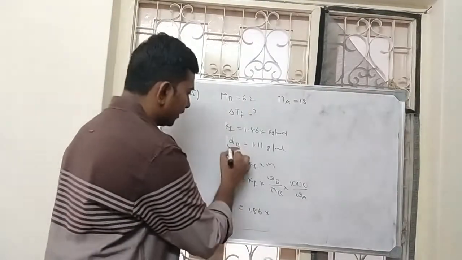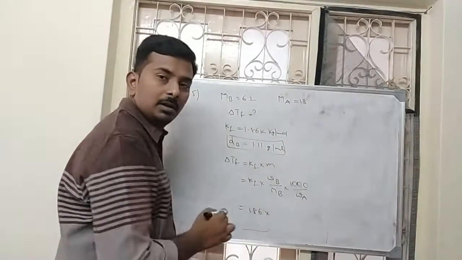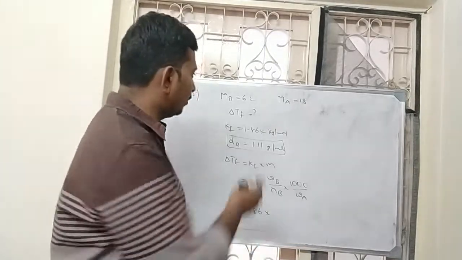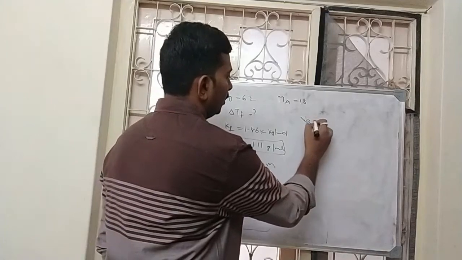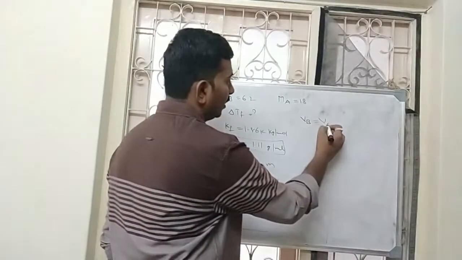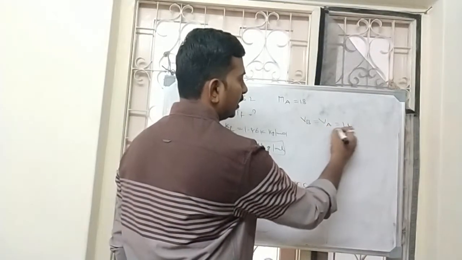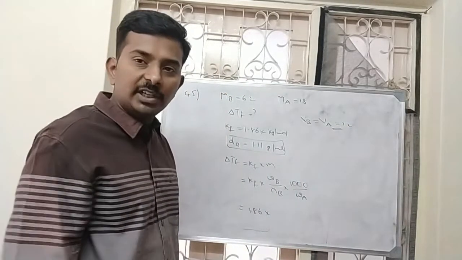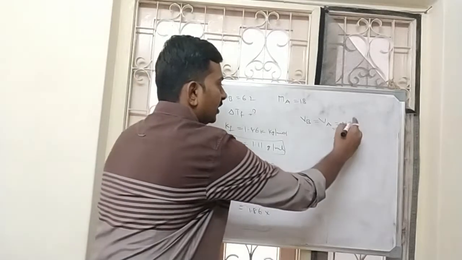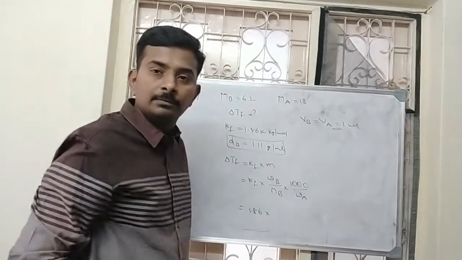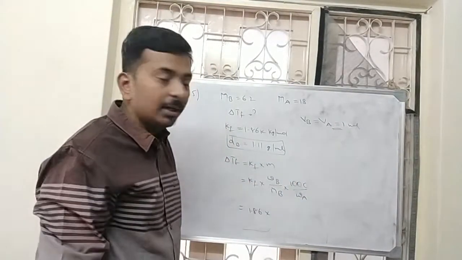Instead, density of the solute is given and volume is also given. They are telling both the volumes must be the same. Let us take the volume of ethylene glycol, solute B, and volume of A as 1 liter, or 1 ml, because density is given as 1 gram per 1 ml. So we will take it as 1 ml.